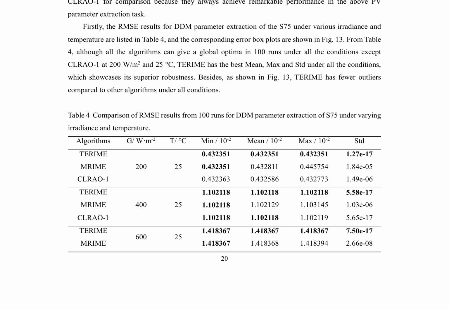The focus is on MRIME and CLRAO1, which consistently demonstrate outstanding performance. Data from Table 4 and error box plots in Fig. 13 show TERIME's supremacy in terms of mean, max, and STD, with fewer outliers compared to other algorithms. This underscores TERIME's robustness under diverse conditions.